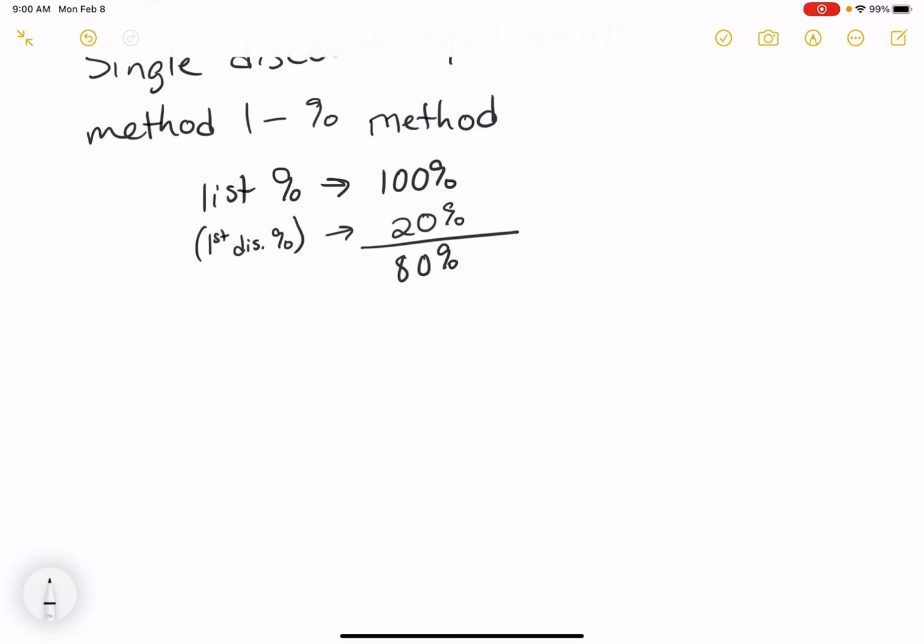So in this case, what is 10% of 80%? 8%. Okay, look at the example. It's just the percent of a percent. Yes, it's the percent of the remainder. The discount of the remainder, times the remainder.